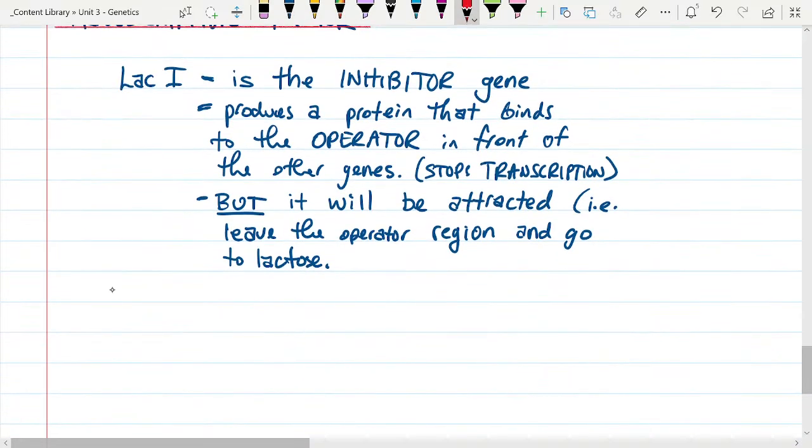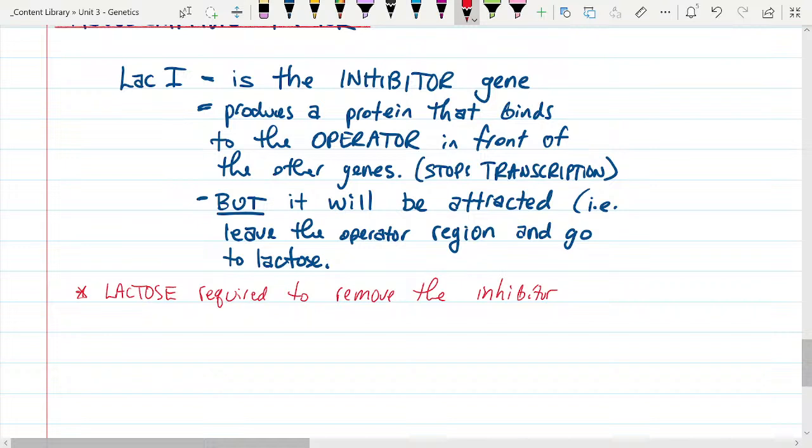So the result of this is lactose is required to remove the inhibitor. Which means if there's no lactose, no beta-galactosidase gets made, no transport protein to move lactose gets made, and none of that third protein, which we don't know what it does, gets made.